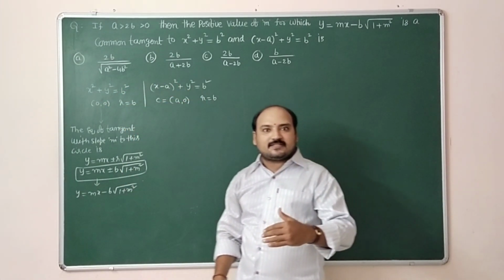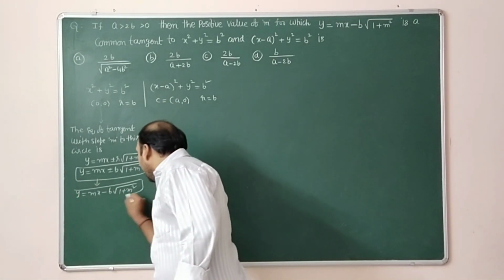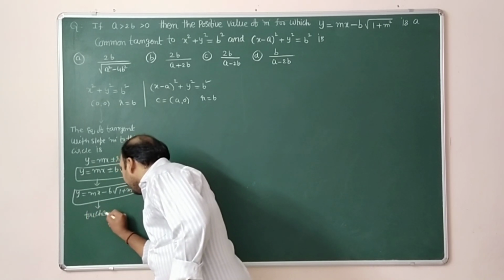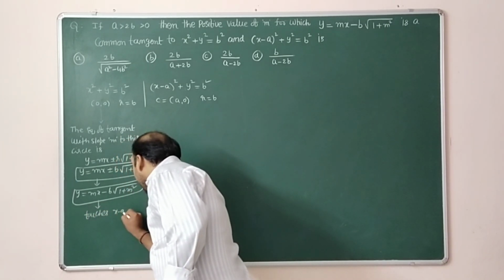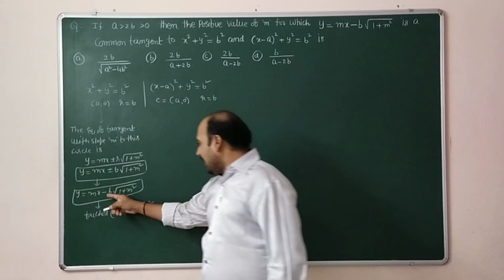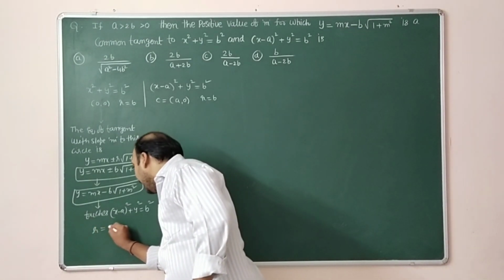Common tangent means it touches both the circles. So this line touches x minus a whole square plus y square equal to b square. Whenever the line touches the circle, radius is equal to perpendicular distance, r is equal to d.